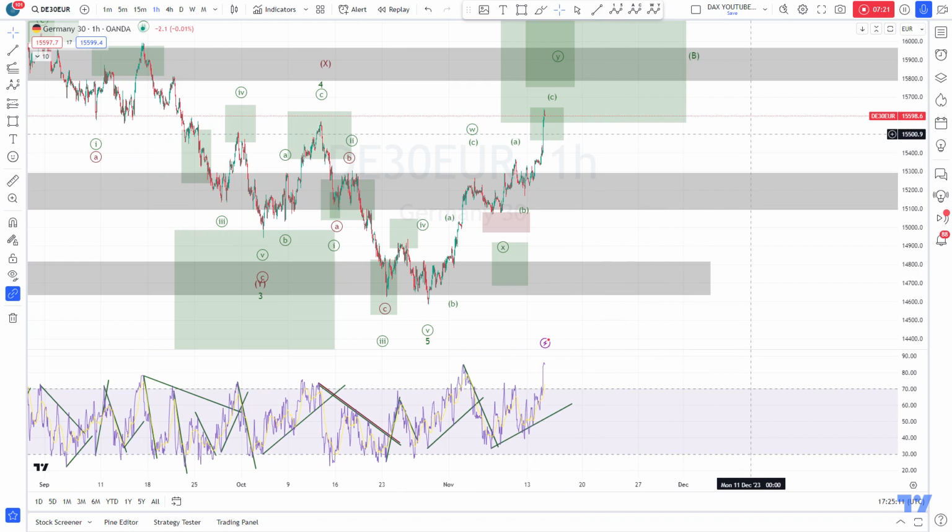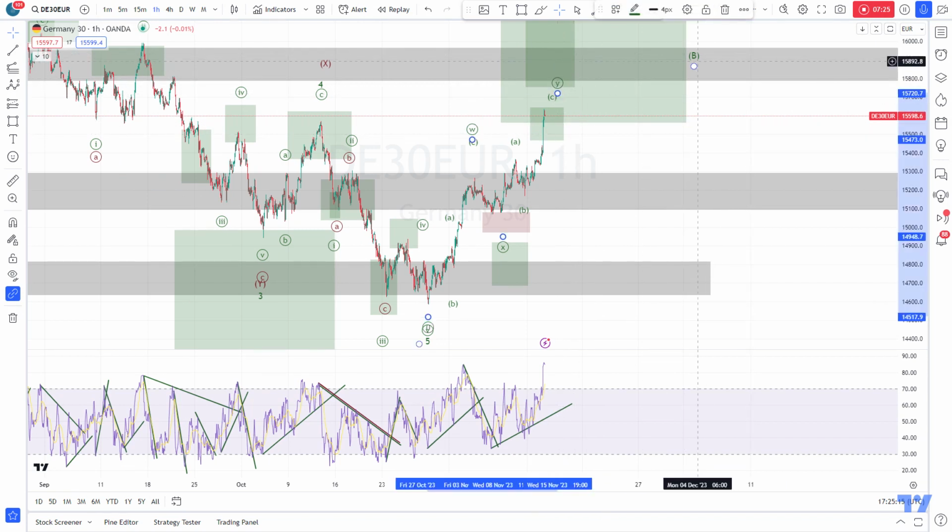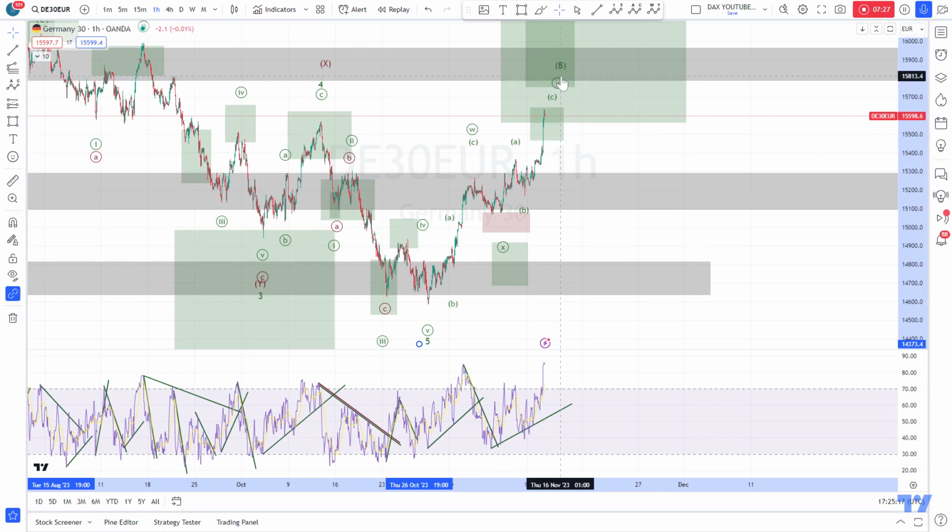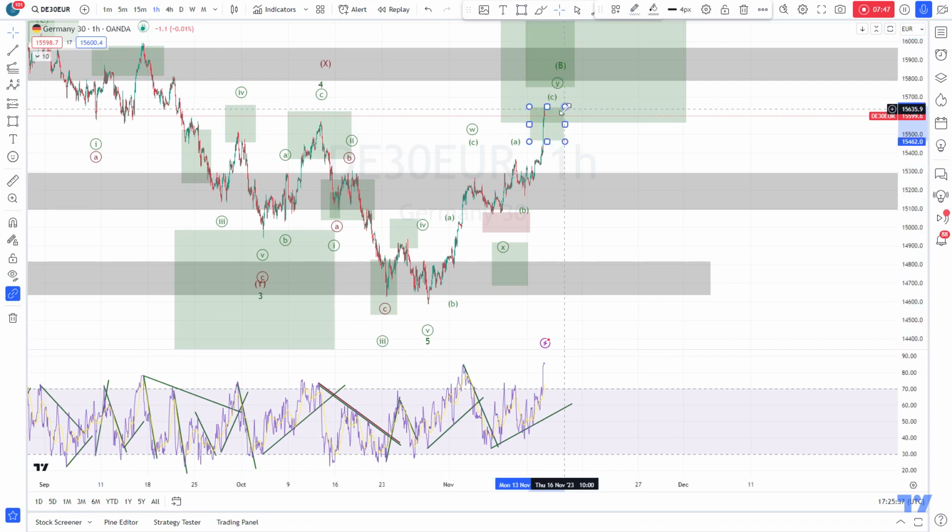In conclusion, there is a possibility that the corrective move here as a B wave ended right here, as we have a complete structure as a W, X, Y. We are also now holding at an important level, the upper boundary of the C wave.